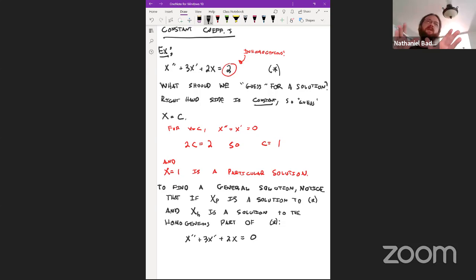In general, in our linear differential equation convention, we're going to put all the powers of x on one side and everything else on the other side. So we have a homogeneous part and an inhomogeneous part.